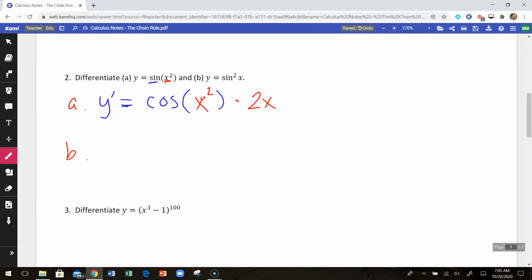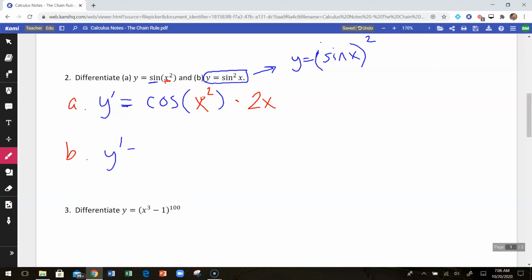For part B, a subtle thing here is to know what it means for it to say sine squared of x. Sine squared of x means the sine of x, squared. So if you can think about it in that form, you should be able to see that we have function composition. We've got sine x plugged into x squared.